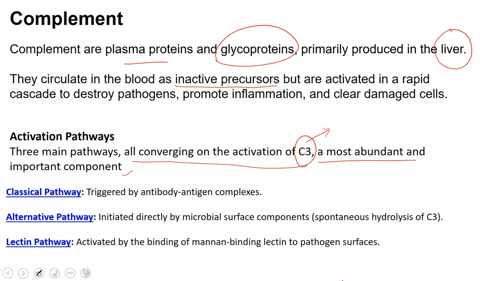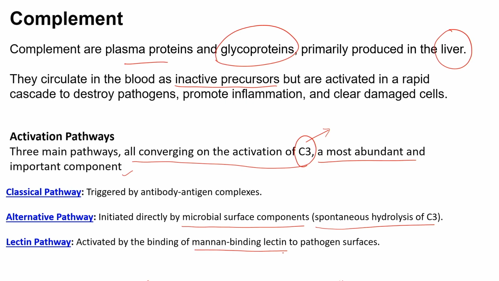This is triggered by the antigen-antibody complex. We have not gone through antibody, but we have understood the antigen. The alternate pathway is initiated directly by contact with the microbial surface component, and then immediately C3 is getting hydrolyzed. And the lectin pathway is activated by MBL, the mannose-binding lectin present on the pathogen surface. So these are the three pathways: classical, alternate, and lectin-specific pathway to activate the complement protein.